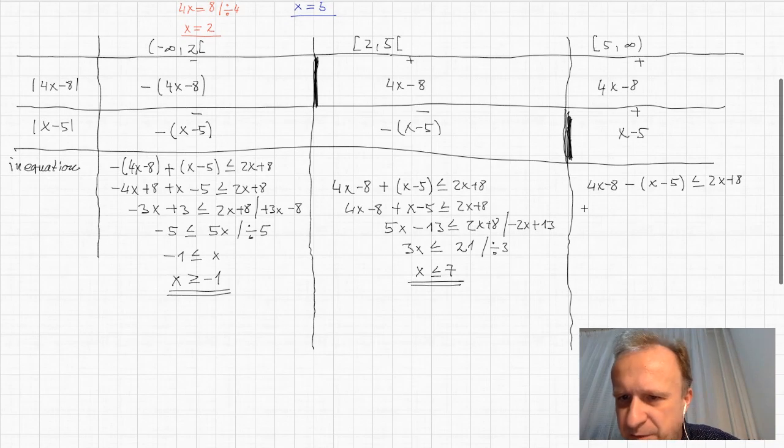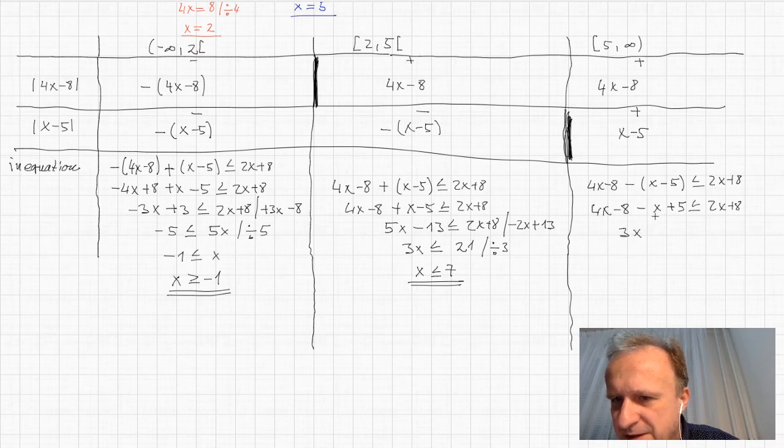The last interval, remove the brackets, 4x minus 8 minus x, and be careful here, plus 5 is less than or equal to 2x plus 8. Now combine the like terms. 4x minus x is 3x, minus 8 plus 5 is minus 3, which is less than or equal to 2x plus 8.